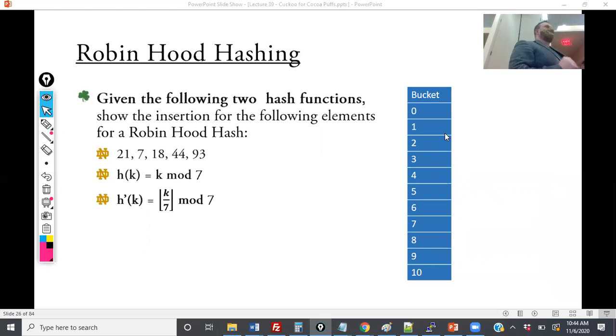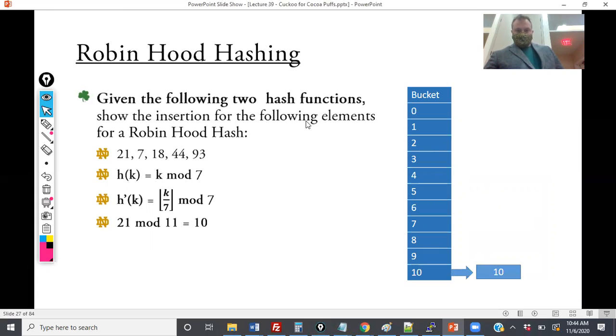So what do you think is the first thing we're going to do here? We have 21, what are we initially going to do? Very good, 21 mod 7, so 21 mod 7 is 0, so Fang Kong is also correct. Why did I do 21 mod 11?